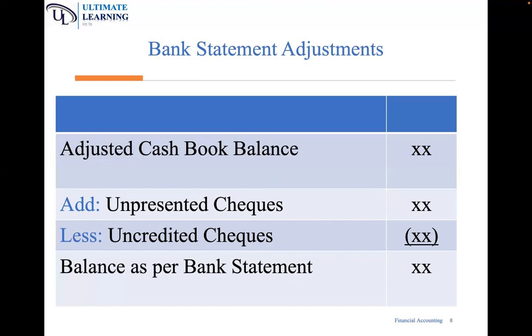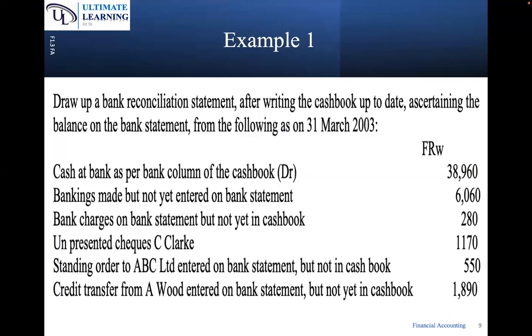So, in summary, what are we trying to talk of here? You need to prepare adjusted cash book. And number two, you need to prepare adjusted bank statement. We have some few examples that we want to look at. Maybe 3 examples to help us understand bank reconciliation. As we go to the example, remember, how do you prepare adjusted cash book?